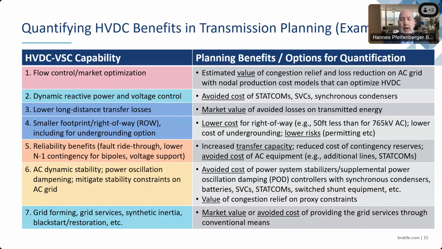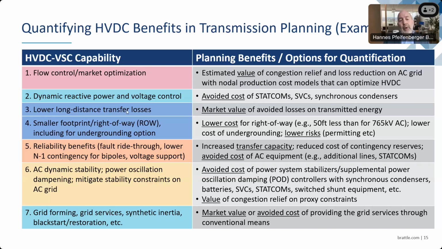Some of the models are not very good at that, but if you can control the HVDC line to reduce congestion on the underlying AC grid, that's a good way to calculate that value, and the present value of those savings can be subtracted from the installed cost of the HVDC line. For reactive power and voltage control, if that is necessary in the system and the HVDC line is in the right place to provide those services, the value is the avoided cost of traditional means of providing this kind of voltage support, whether through STATCOMs or synchronous condensers.